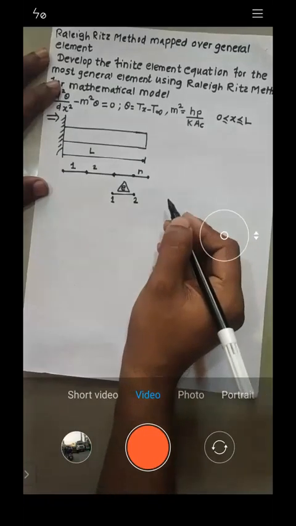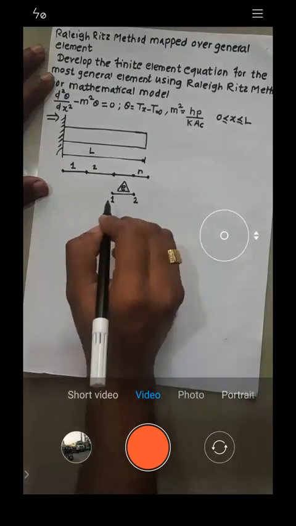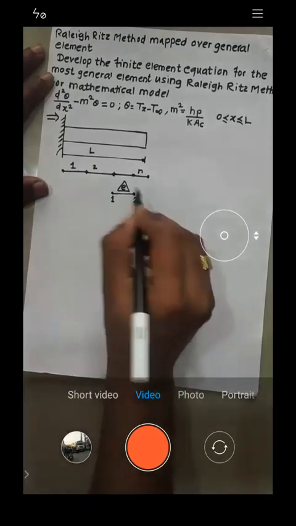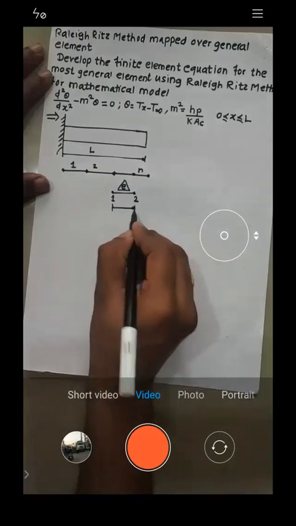Let me call this first node as 1, second node as 2, and let L_E be the length of the element.